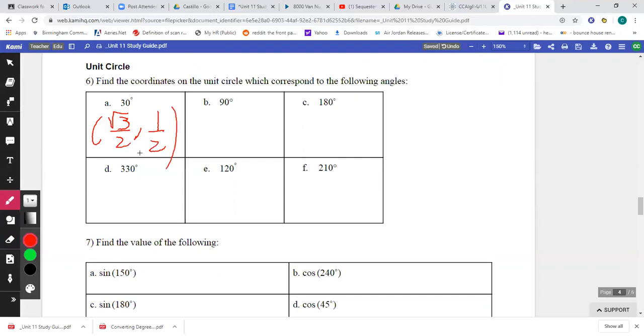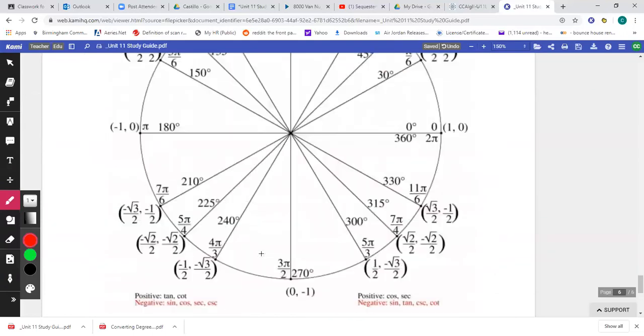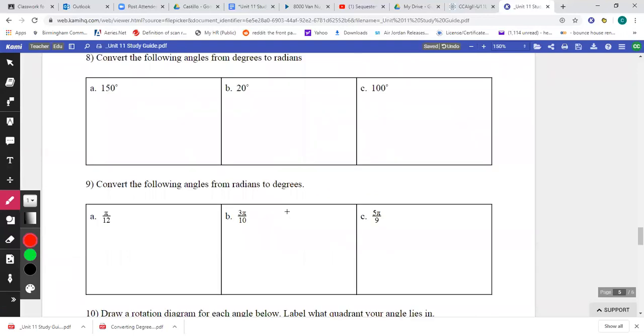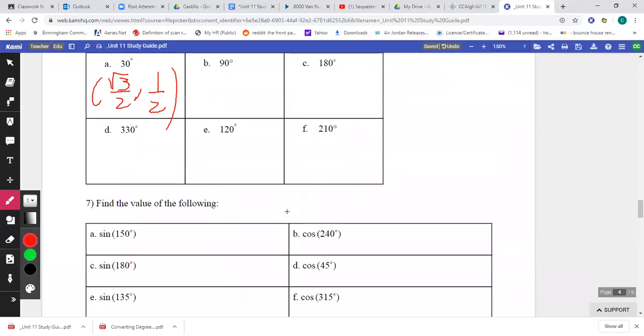So once again, these are super easy points. 90 degrees. You go to your unit circle. You find 90 degrees and you write your point here, which is 0, 1. Okay, you go to 180.